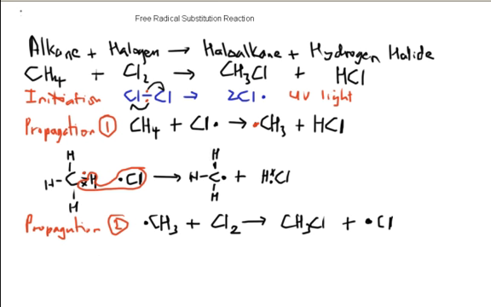And this chlorine free radical is free to react again, and hence you get a chain reaction until, of course, all of the chemicals react and finish reacting.